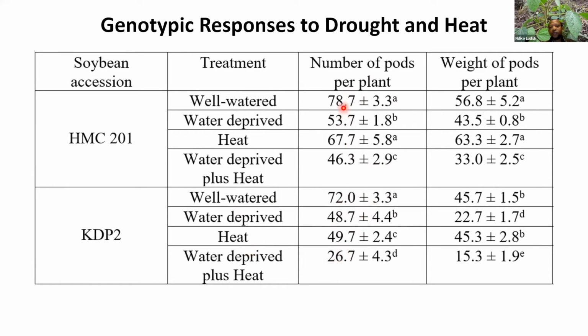So here you can see there's quite a significant decrease in both genotypes, but the decrease in HMC 201 is less pronounced than the decrease in KTP2. So in reality, KTP2 is more sensitive to the combined stress than HMC 201.